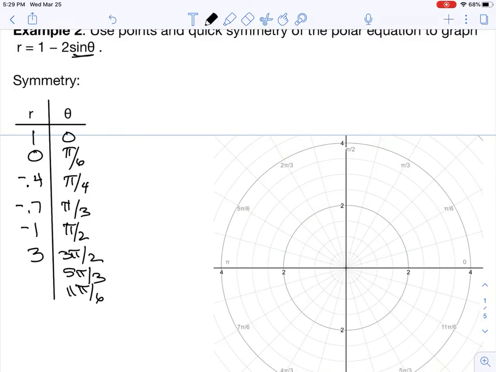5 pi over 3 is going to give us, oh, I forgot the pi over 4 again.